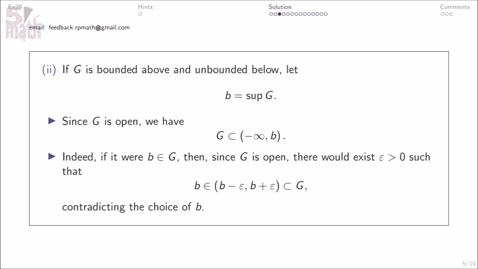If G is bounded above and unbounded below, let B equal supremum G. Since G is open, we have G subset of this. Indeed, if it were B element of G, then, since G is open, there would exist epsilon greater than 0 such that this, contradicting the choice of B.